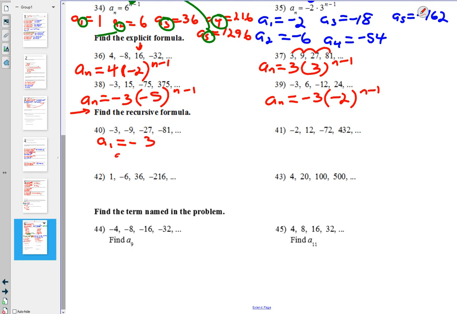And then you would write and a sub n, which, think of it like a language, like translating English into Vietnamese. Here we're translating math symbols into words. So a sub n means any number that's going to come out. It could be any number in the sequence.